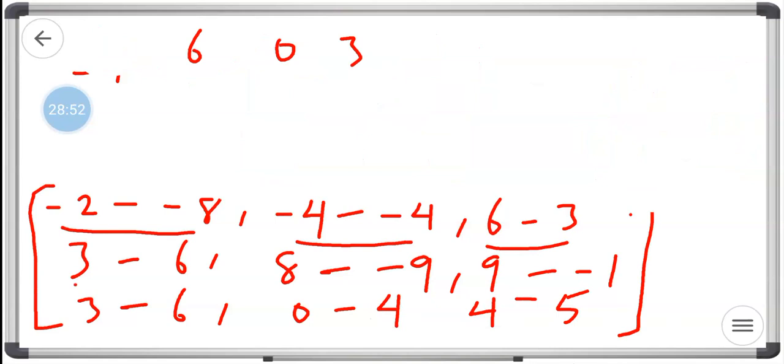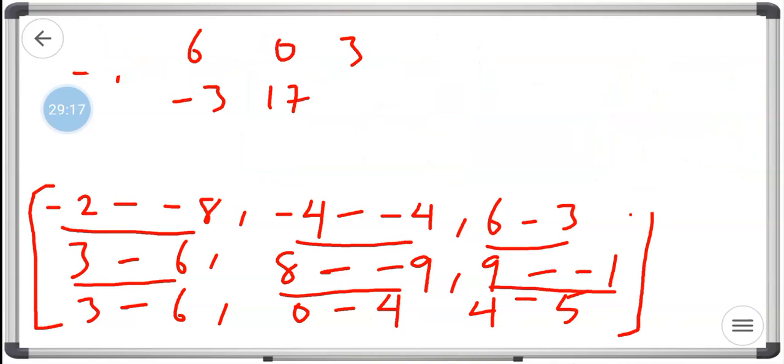Now the next row, 3 minus 6, that's minus 3. Then here, 8 minus minus 9. That is 8 plus 9, because minus times minus is plus. So 8 plus 9, that's 17. And here, 9 minus minus 1.